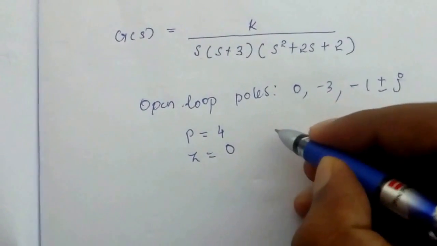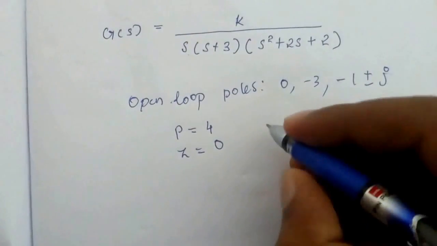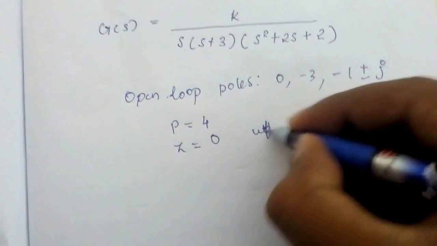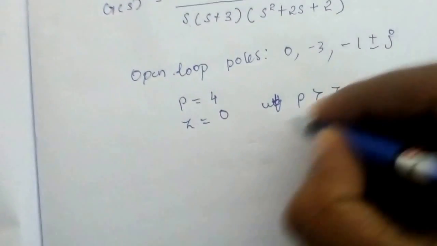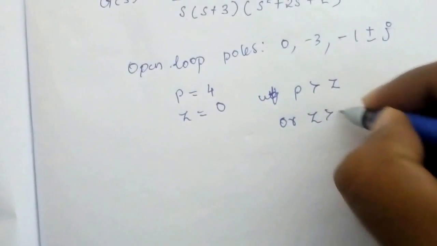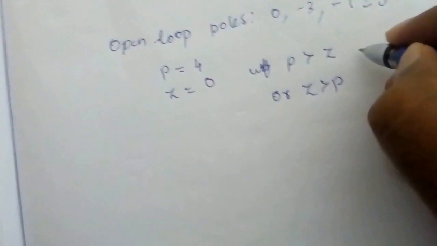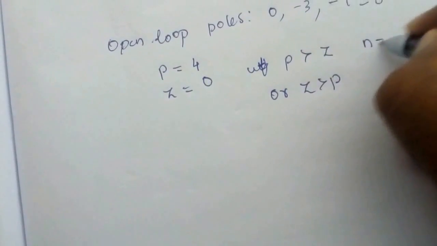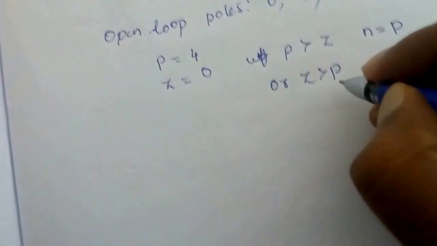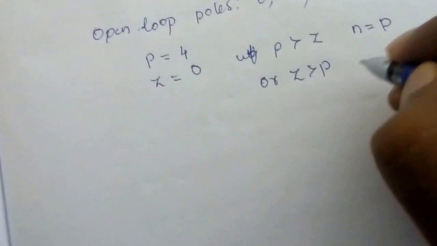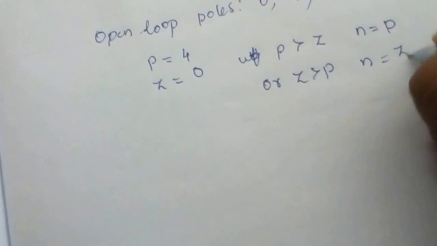If P is greater than Z, the number of branches is equal to P. If Z, the number of zeros, is greater than the number of poles, then the number of branches is equal to Z.